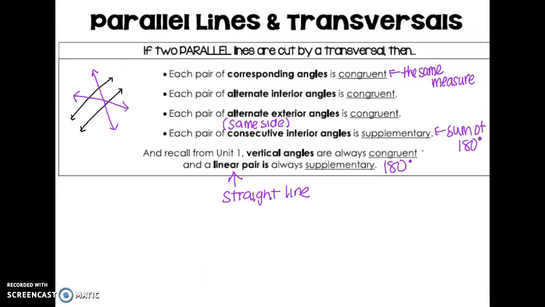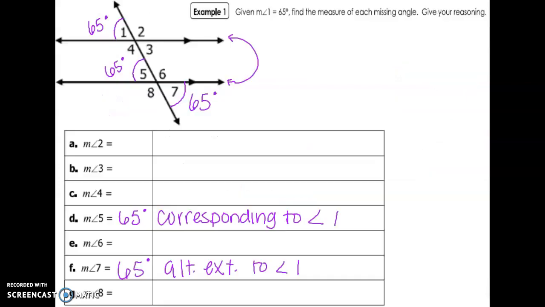So moving on, I'm going to look for consecutive interior angles. I know it's interior, so I'm not going to waste my time there. But then I'm going to look for my vertical angles. My vertical angles are the ones that make that X. So if I'm focused on angle 1 right now, then I'm going to look for its X. So remember, one parallel line, one transversal, that will form your X. In this case, the ones across from each other are going to be congruent.